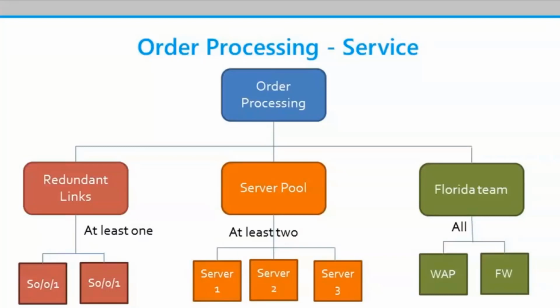In the server pool, we have 3 servers and at least 2 should be up to guarantee this activity. And finally, the Florida team should be able to access the internet, so they really need the wireless access point and the firewall.